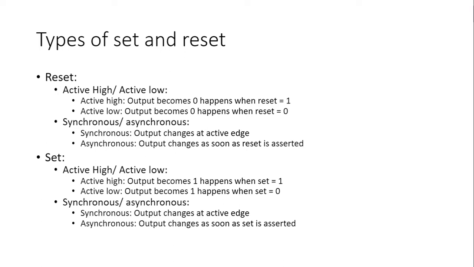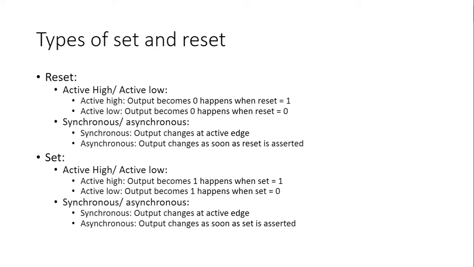Similarly, we have similar categories for set, and this can be an active high set or an active low set, which means the output will become 1 when set equals 1, and in the active low type, the output will become 1 when set becomes 0.